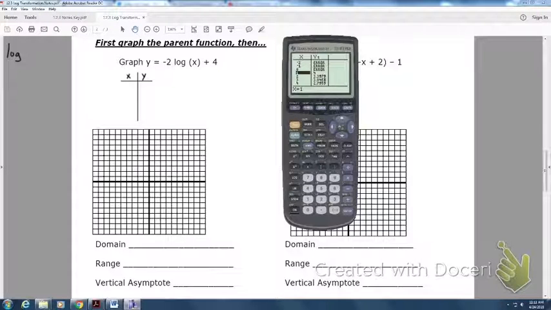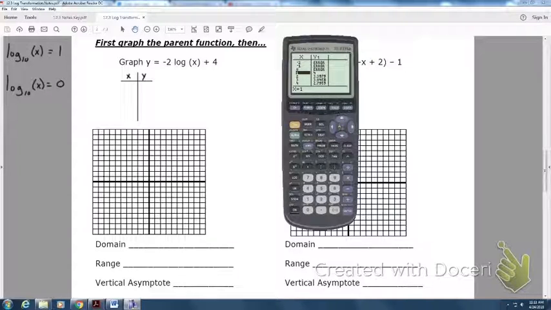The 2 points that you'll need to find: whenever you have this log, log base 10 of x, you want to figure out what is going to make the log equal 1 and what is going to make the log equal 0.